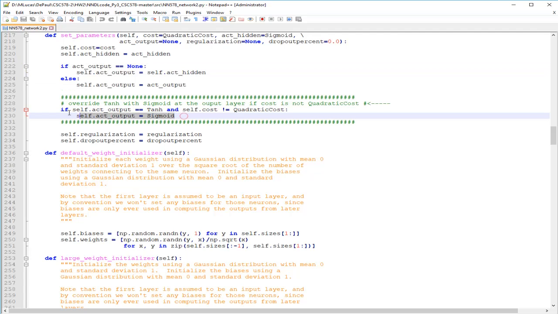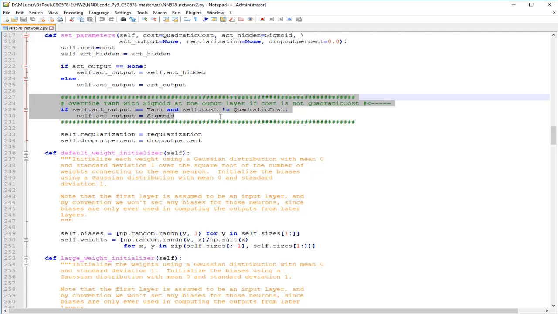And we also included to modify the activation output: if the tangent hyperbolic and a different function, the cost was different from quadratic, it was set to sigmoid.